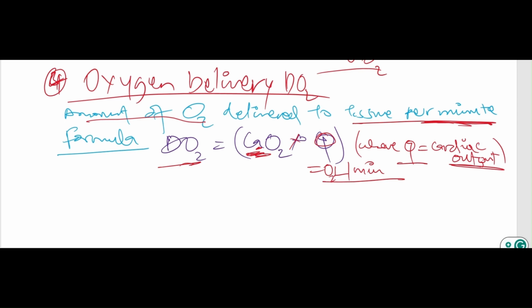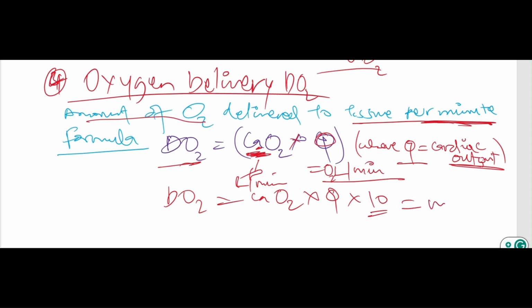But in a situation where your oxygen content was calculated per deciliter, your formula changes: oxygen delivery is equal to oxygen content in artery times cardiac output, then you multiply by 10 to change it to mils. So your result will be mils of oxygen per minute, because we always deliver oxygen to the tissue per minute, and it's usually in mils.